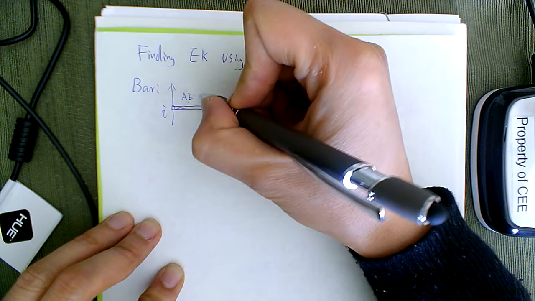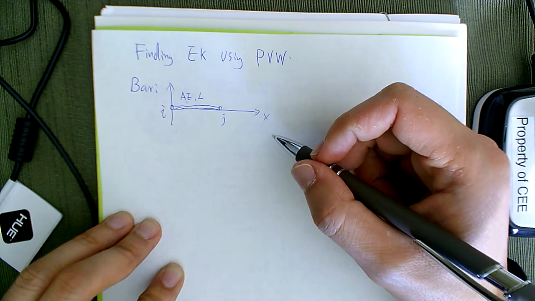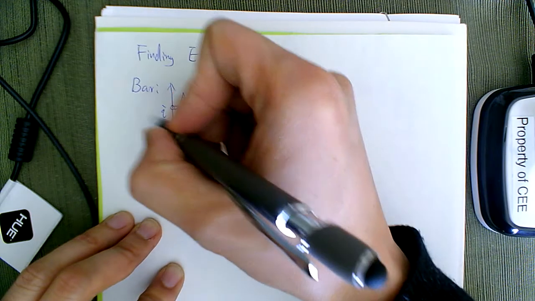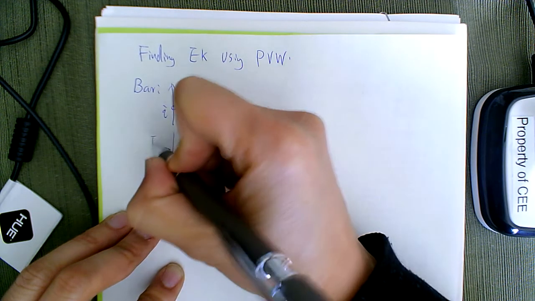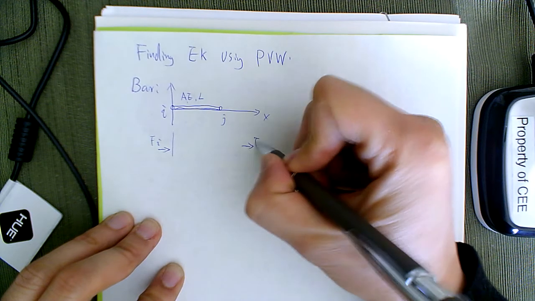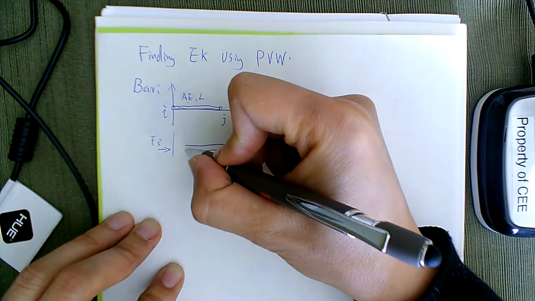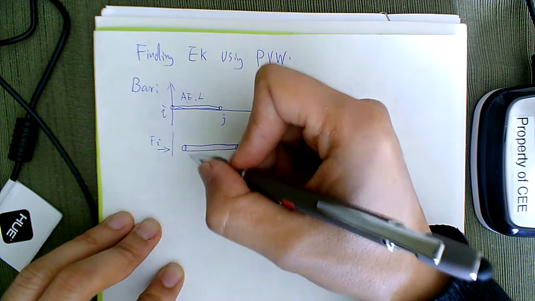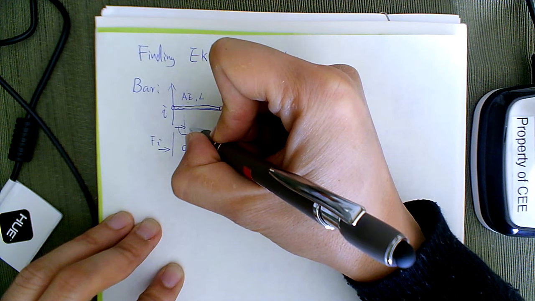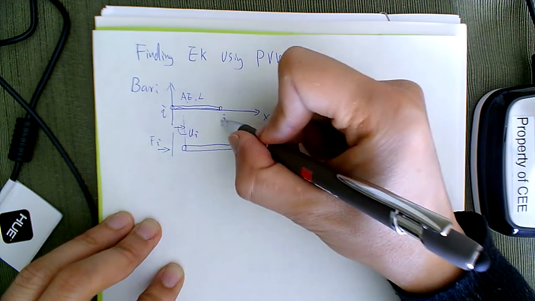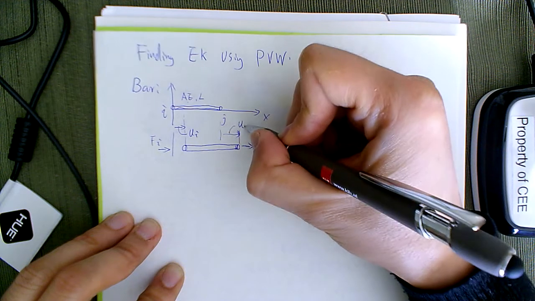We have AE, that's a constant, and the length is L. So basically what we're doing is applying a real force, Fi and Fj, to this bar, and then this bar is going to move a little bit into the deformed configuration, which we will say this is your true displacement Ui, and this is your true displacement Uj. Everything's true. There's nothing virtual about it.